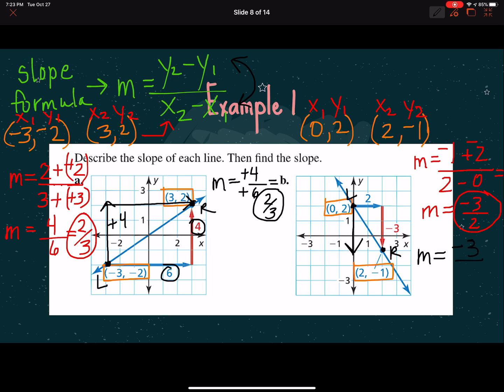So a movement down 3 represents a -3 over 2. So again, we have the same slope, -3/2. And describing the slope just means it is a negative slope. Calculating or finding the slope, our slope is -3/2.